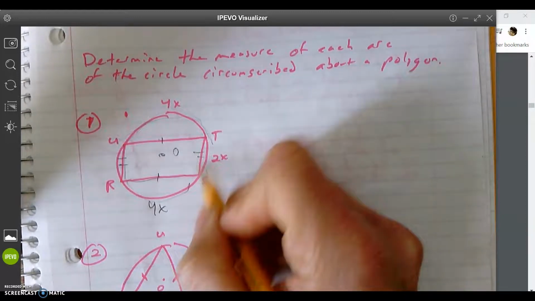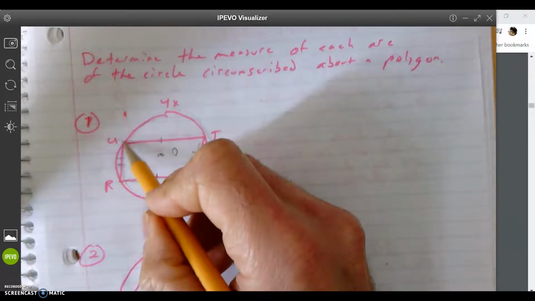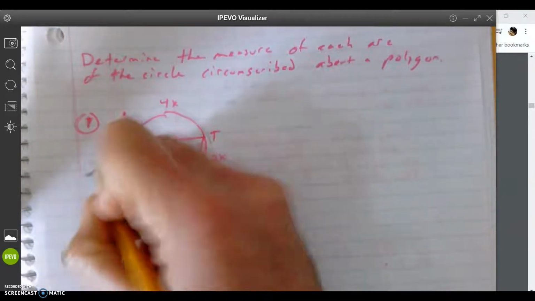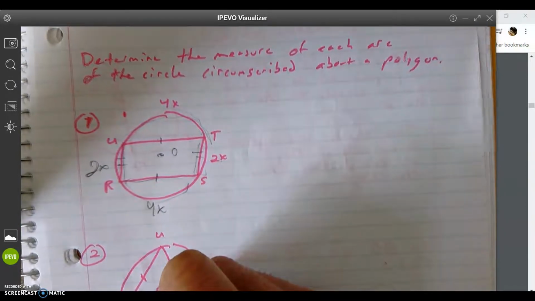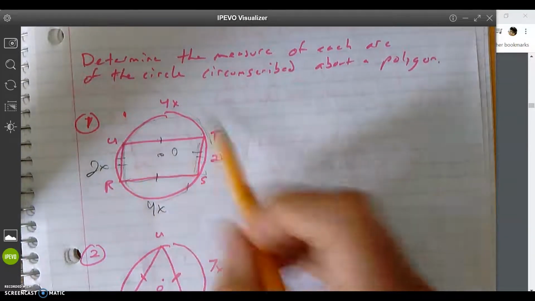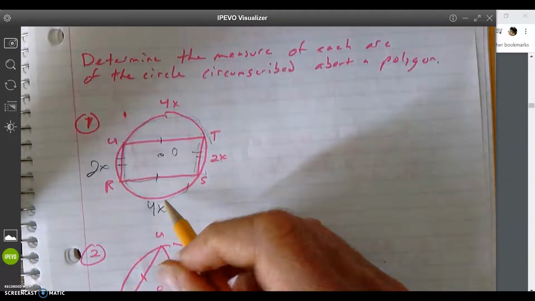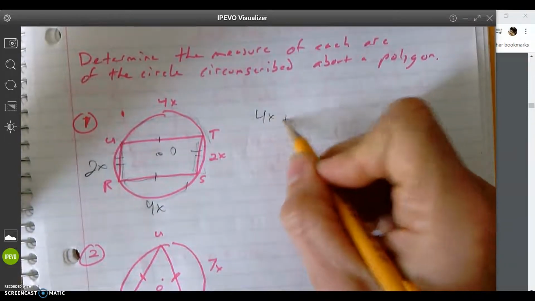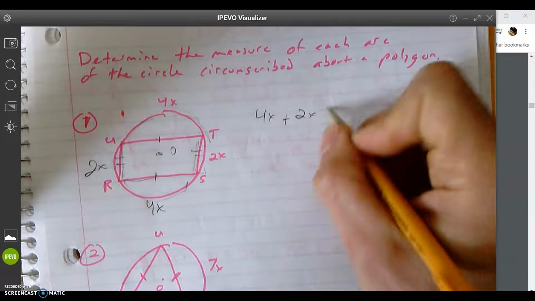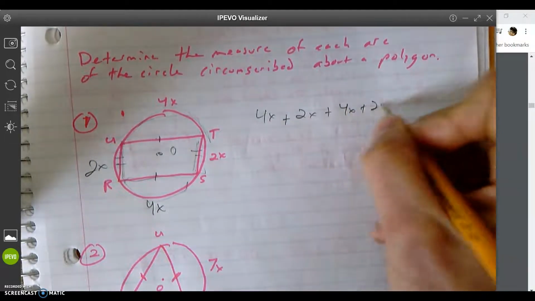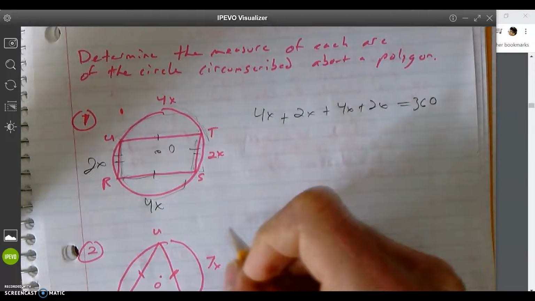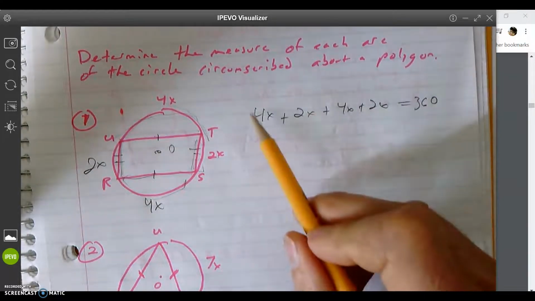And if TS is congruent to UR, the corresponding arc is 2x, so this arc is also 2x. So now everything combined is 4x plus 2x plus 4x plus 2x all the way around the circle. What does that equal? You're right, 360 degrees.